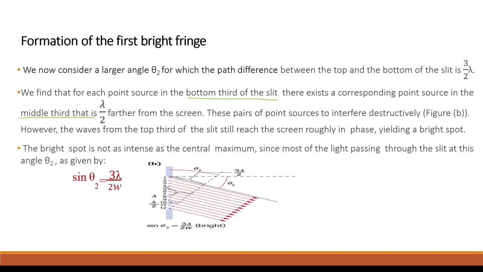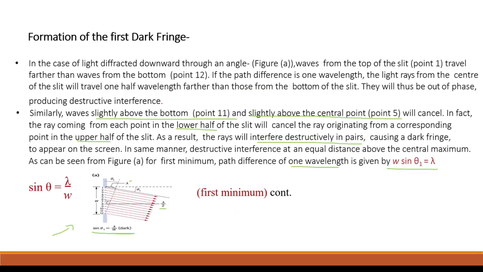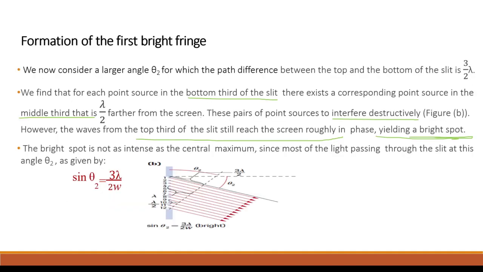These pairs of point sources interfere destructively, but the waves from the top third of the slit still reach the screen roughly in phase, which yields a bright spot. So this time, instead of having pairs that are in phase and constructively interfering, or pairs that are destructively interfering, we have thirds.